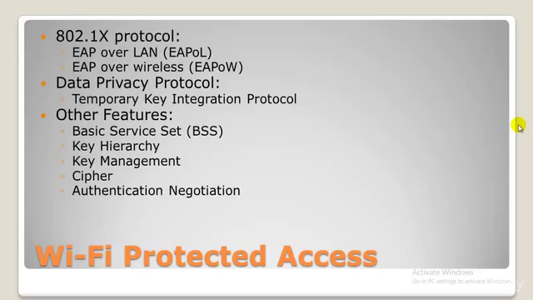The decision was made to take the stable parts of the upcoming 802.11i standard and implement them into a standard that would provide wireless security until 802.11i was finalized. So the standard takes these 6 elements of the 802.11i protocol and puts them together to increase the security provided by WEP.